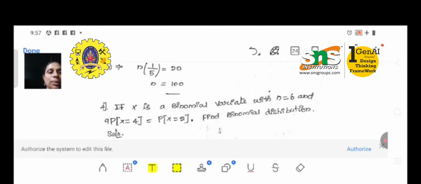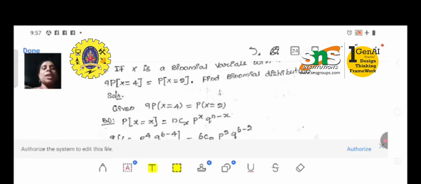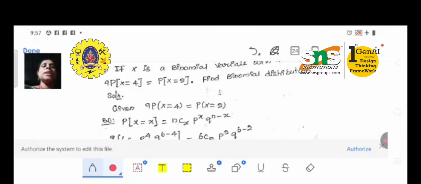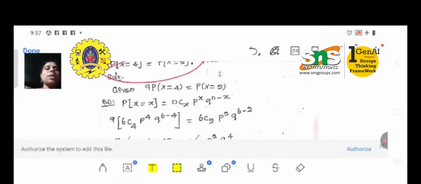Next we move on to the fourth one. If x is a binomial variable, here the n value is given. In the previous ones we had to find the n, p, q values, but here a condition is given. Using this condition we have to find the binomial distribution. So P(x) is nCx p power x q power n minus x, and we substitute in all the steps.